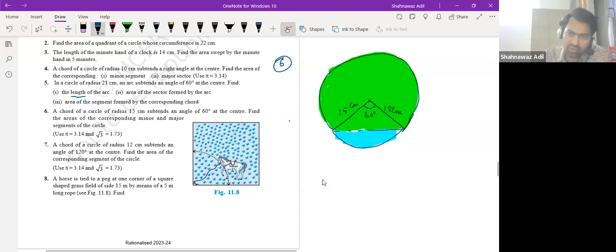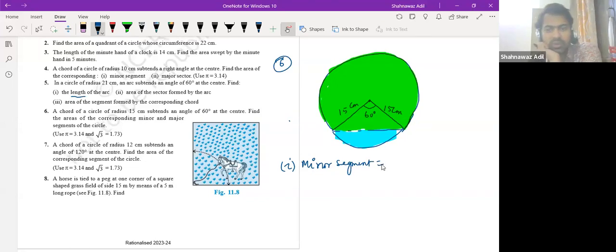Okay, so for the minor segment, Hashit, what we will do? Yes, theta by 360 into pi r square, minus sector minus triangle, right? So good.